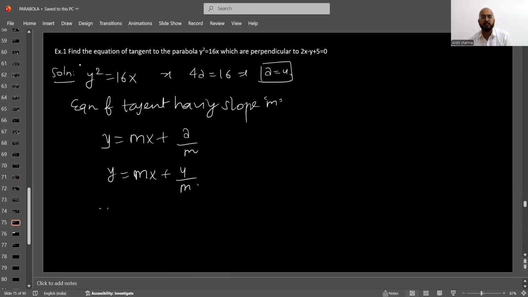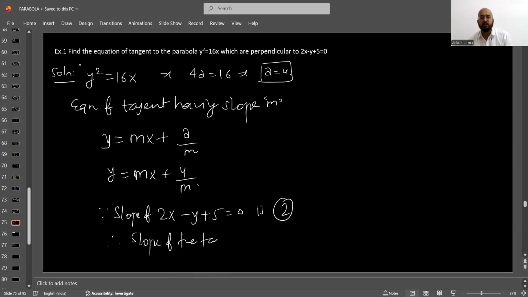Now, since the slope of this line 2x minus y plus 5 is equal to 0 is 2, therefore the slope of the tangent is minus 1 by 2, because my tangent is perpendicular to this line. So therefore m is equal to minus 1 by 2.